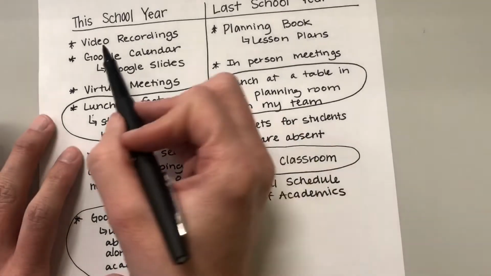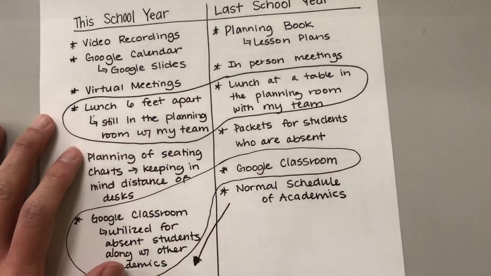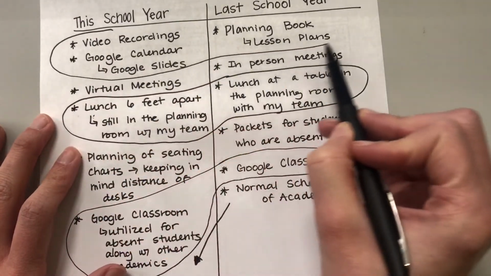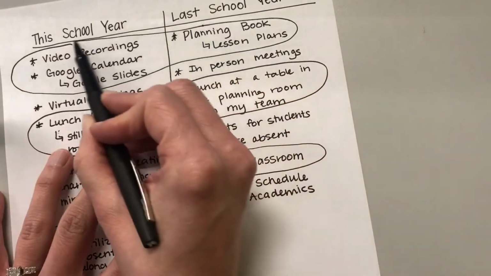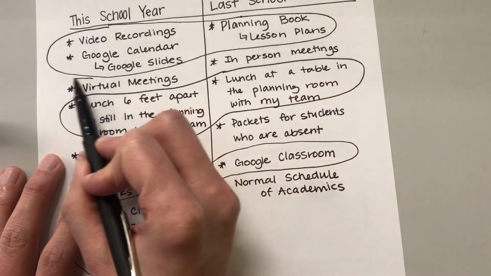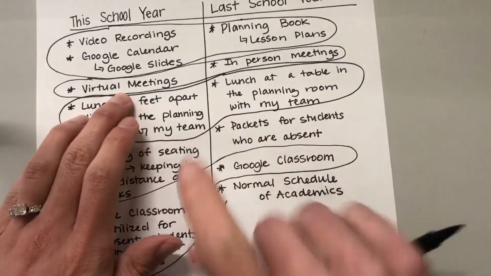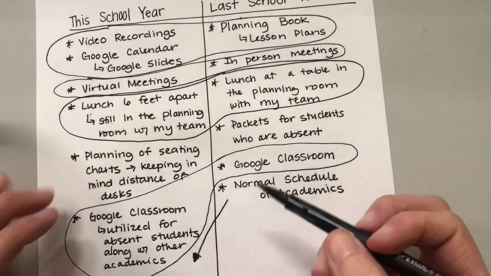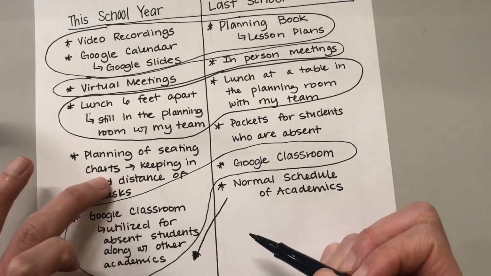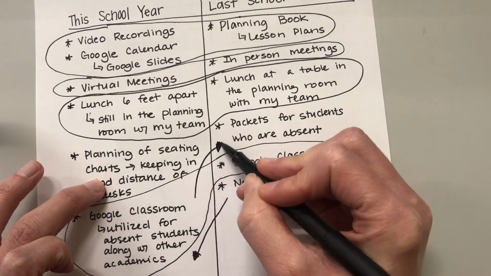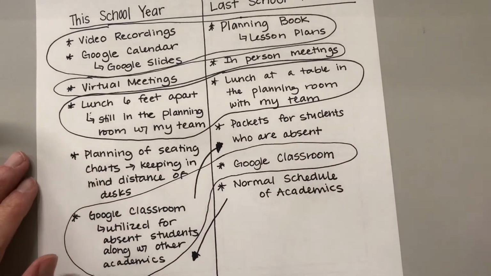And, ooh, this is so hard. I'm going to actually combine these two. Oh, and these two are opposite of each other, virtual meetings versus in-person meetings. I don't have necessarily anything for this. I'm just gonna note an arrow that this can connect with that one as well.